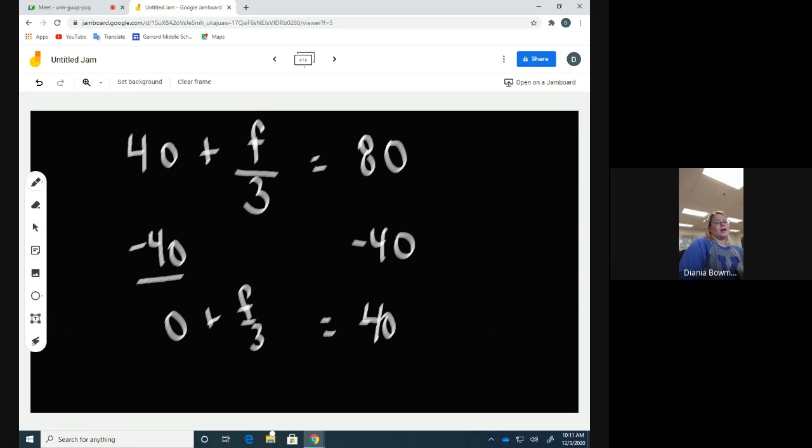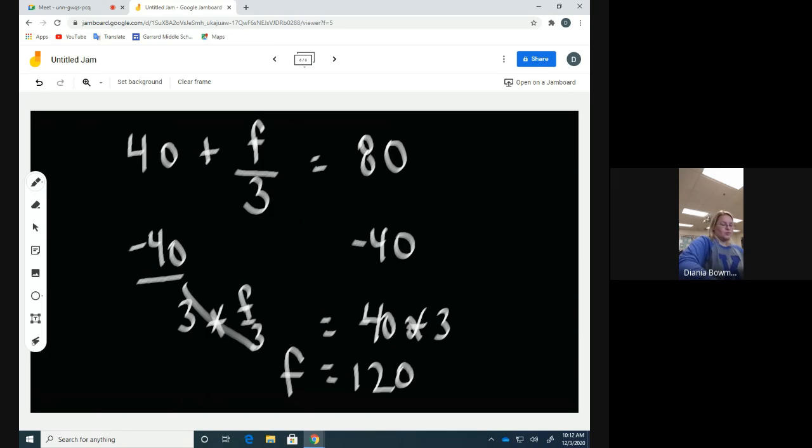Okay, so I don't need to write that 0 and the plus. So now I have f divided by 3 equals 40. So the opposite of divided by 3 is times 3. I have 1f is equal to 120. So if you got 120, good job, kiddos.